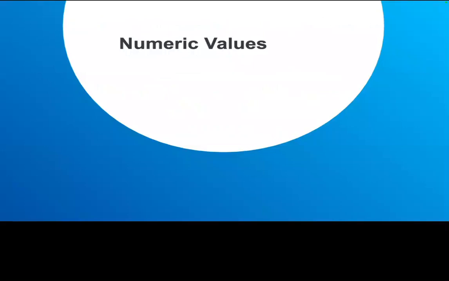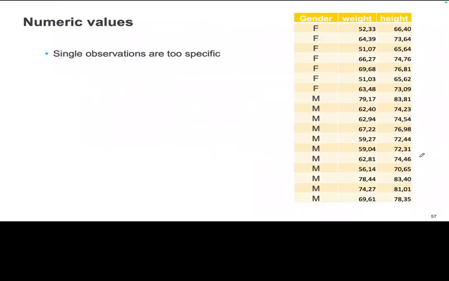Okay, now with this, we can then model in our Bayesian classifier also numeric values. The problem now is we have single observations which are very specific.